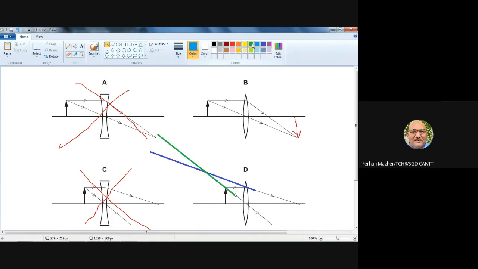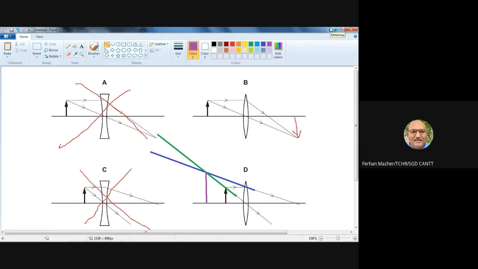Wherever they intersect each other, there the image will be formed. This image is virtual, this image is magnified. So I think D is the right option. This diagram is actually the diagram of the magnifying glass. So D is the right option.